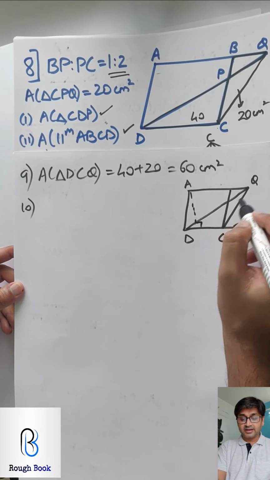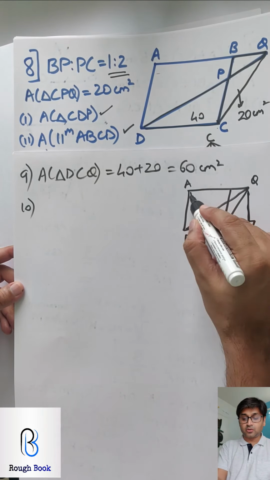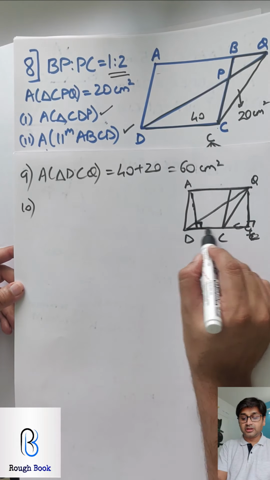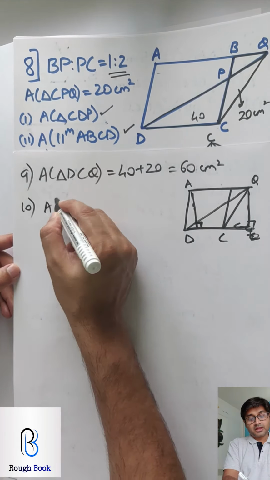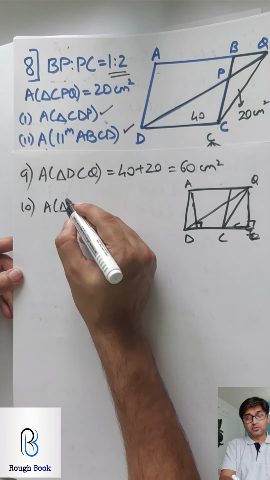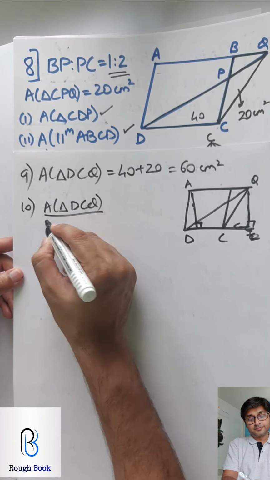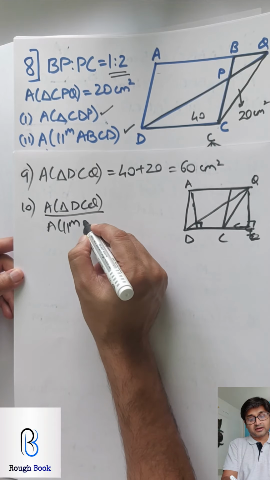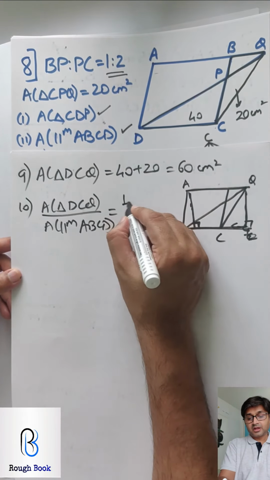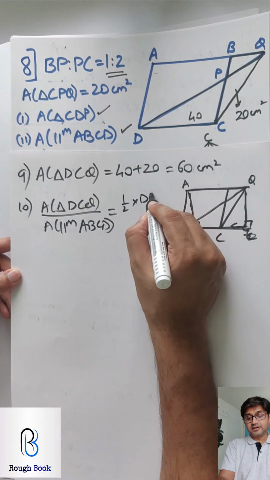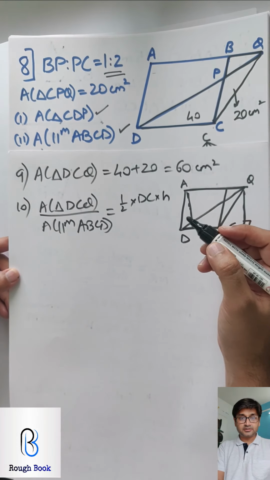So automatically I can say that their heights are equal, because they are lying between the same parallel lines. Therefore, area of triangle, now see, magic will happen. DCQ upon area of parallelogram ABCD.